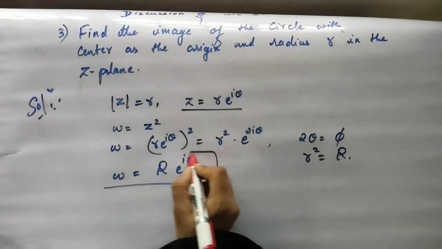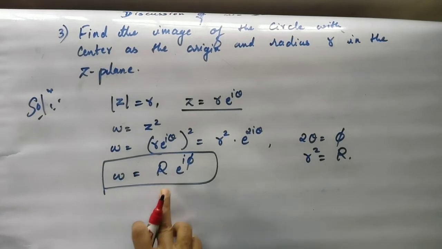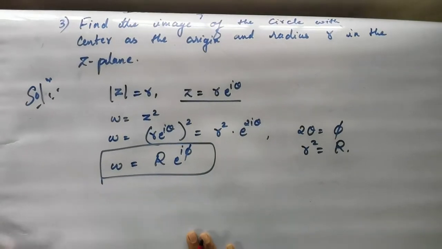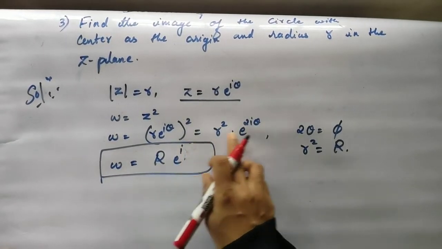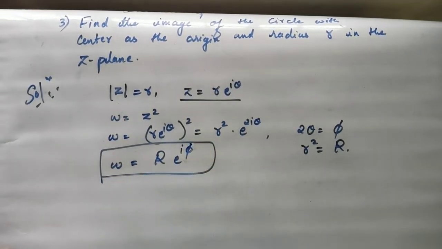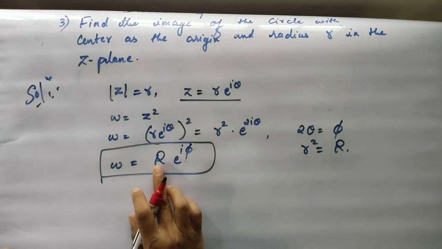So this also represents a circle in the W plane with center as the origin only, but radius capital R and amplitude φ. It is also representing a bigger circle with radius capital R and center as the origin.